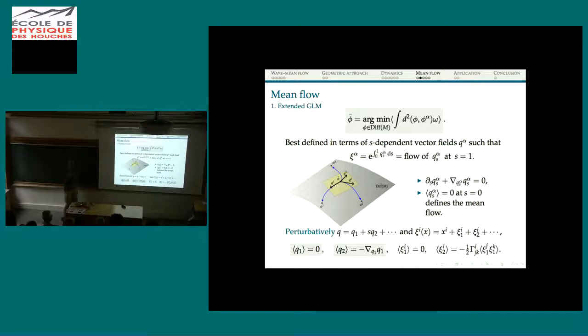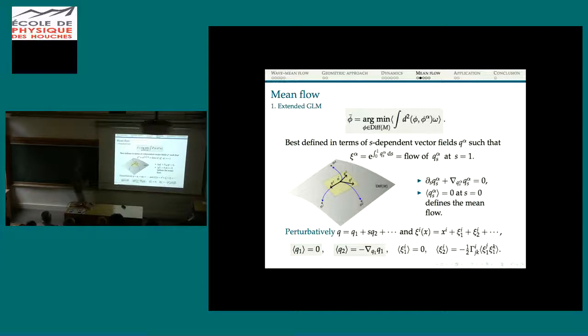So if you start thinking that your perturbation maps are not too far from the identity, you can expand things in power series. And so when you do the calculation, what you find is, so this Q is this vector field generating the shortest path. It has 0 mean, and then the mean at second order is given by this covariant derivative.